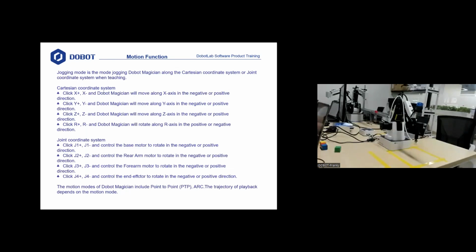Okay, let's begin. And about the motion function, you can control the magician to move under the jogging mode. Jogging mode is the mode of jogging Dobot magician along the Cartesian coordinate system or joint coordinate system when teaching.